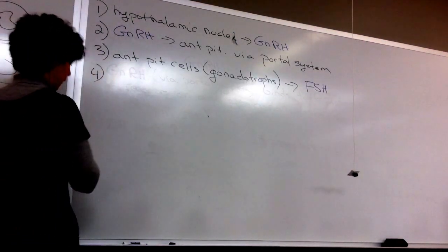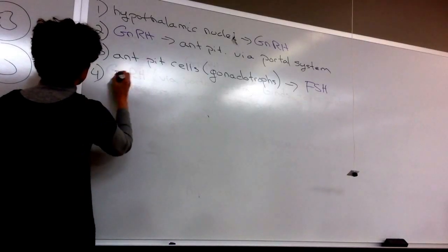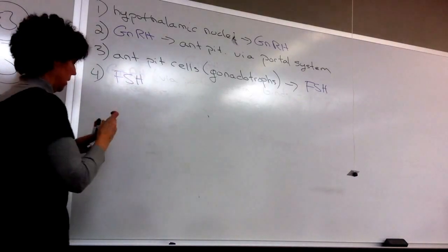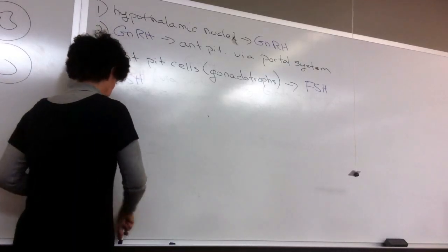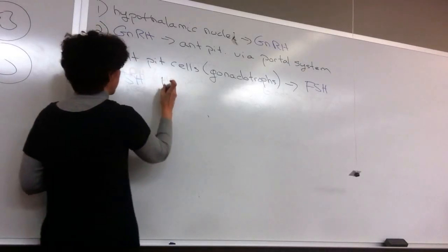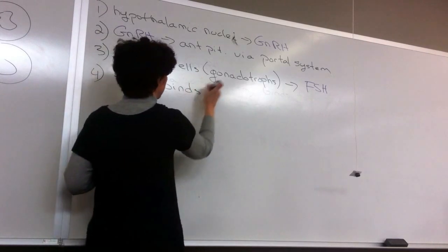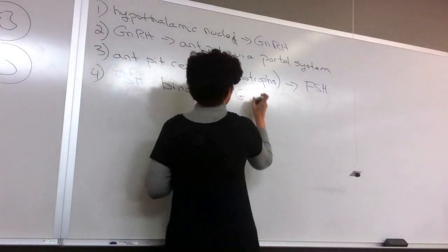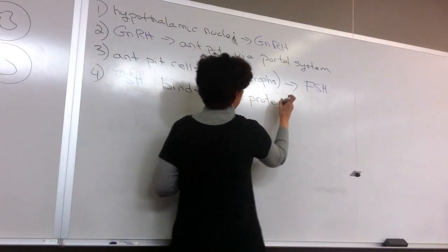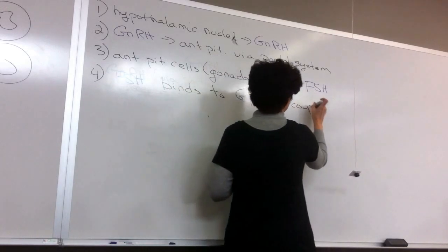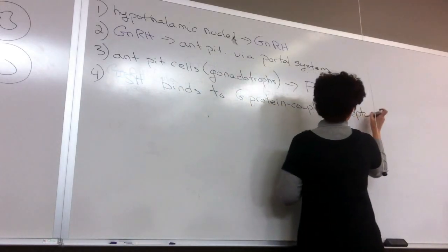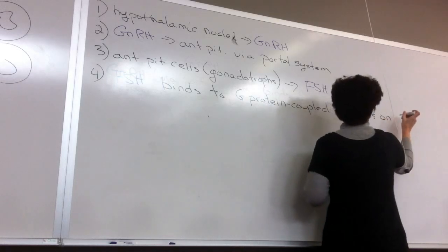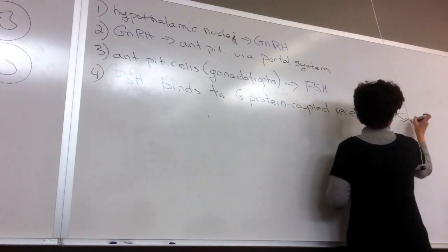So FSH now is going to travel via the blood, and it binds G protein coupled receptors on sustentacular or Sertoli cells.